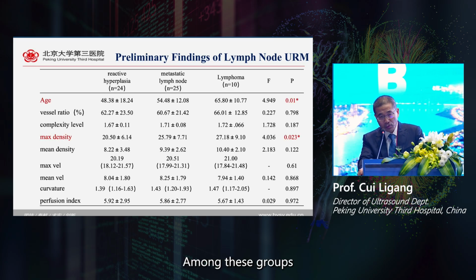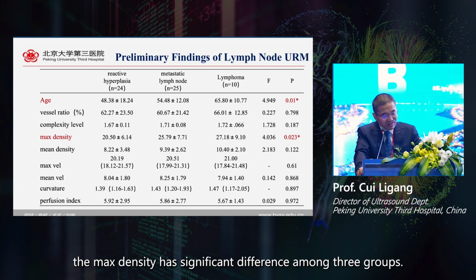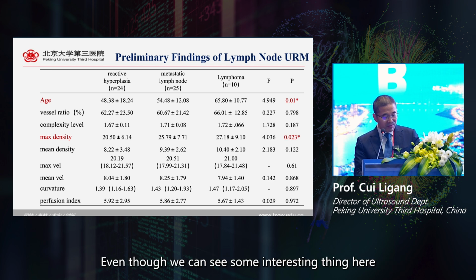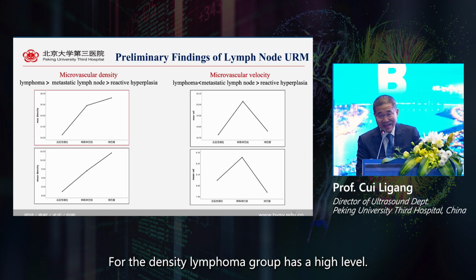Among these groups, from the quantitative parameters, the max density has a significant difference among the 3 groups. We can also see something interesting here: for the density, the lymphoma group has a high level.